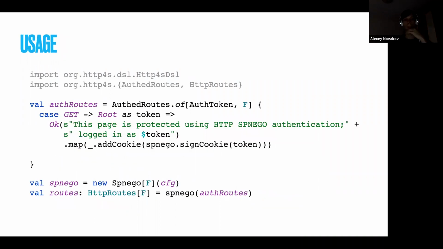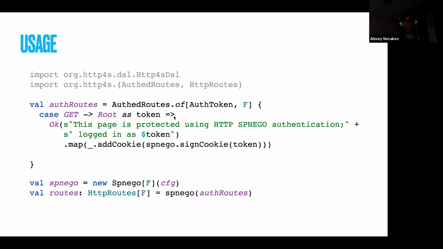And from the user perspective, if we implement our new server and we want to use this middleware, what we do is construct our routes, which this time are not just HttpRoutes, but AuthedRoutes. AuthedRoutes adds additional context to your routes, and then gives you something like variables that you can take from this context.